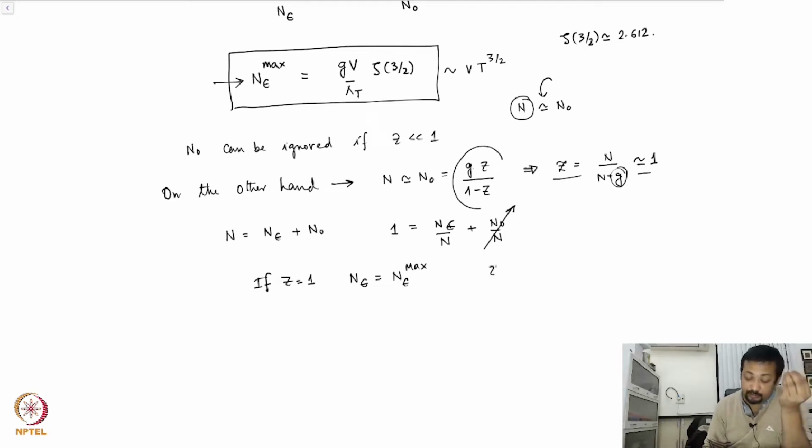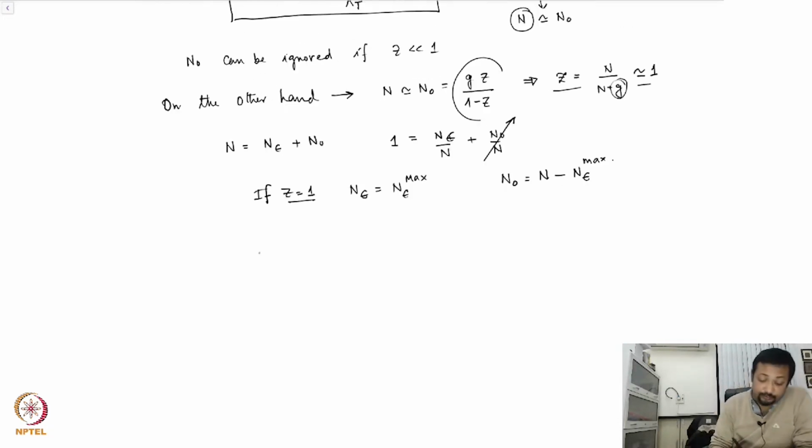You have hit the limit of Z to 1, so you see the N0 diverges. So essentially the number of particles in the ground state is given by the total number of particles minus N epsilon max.